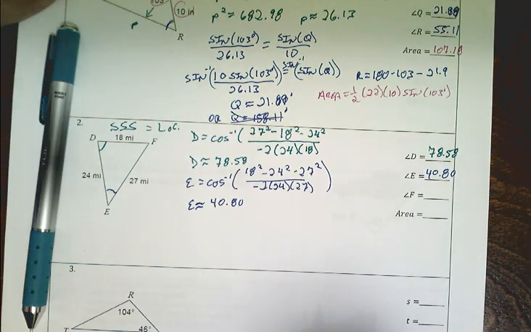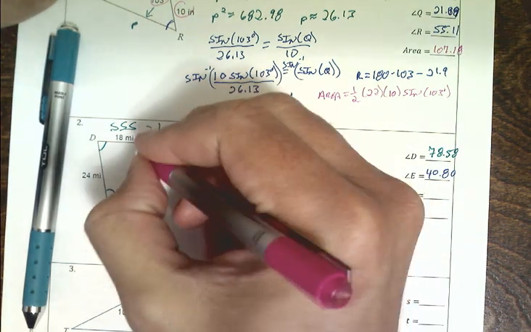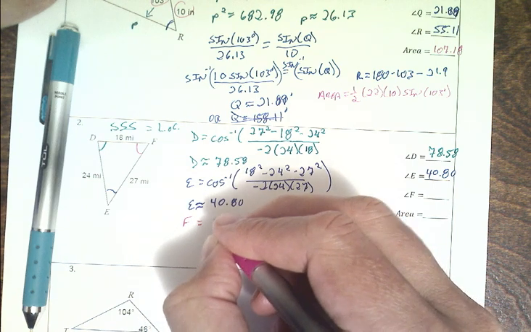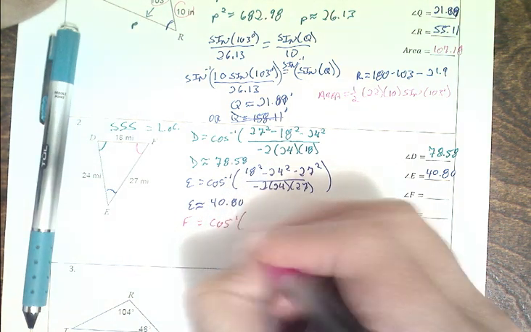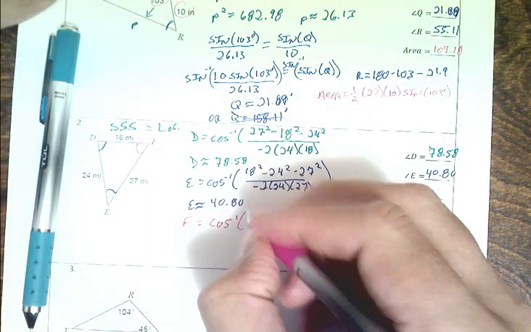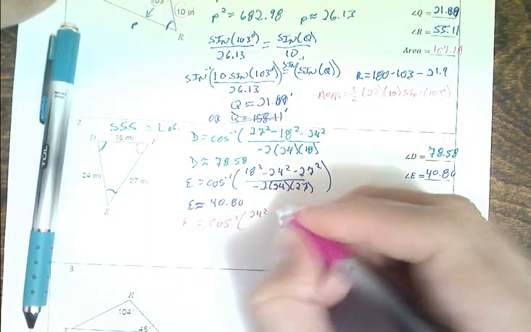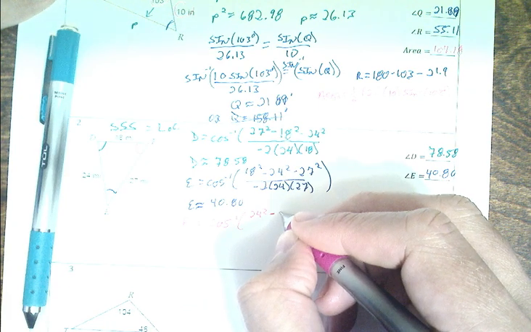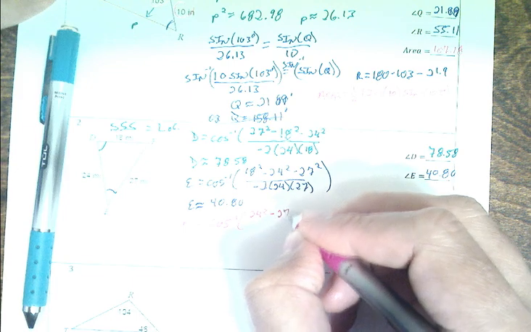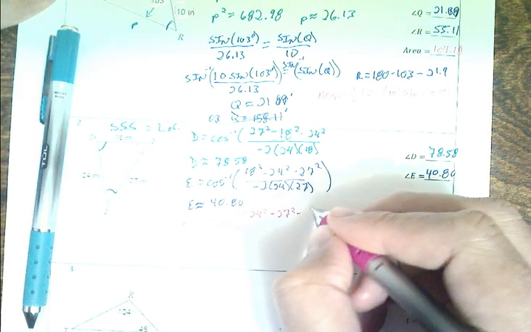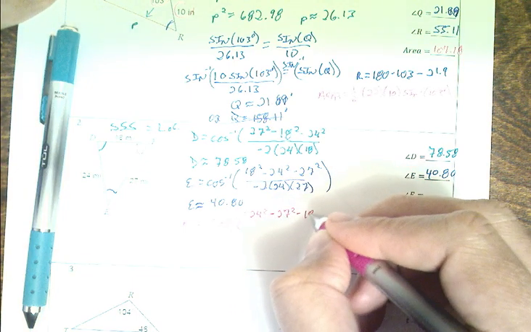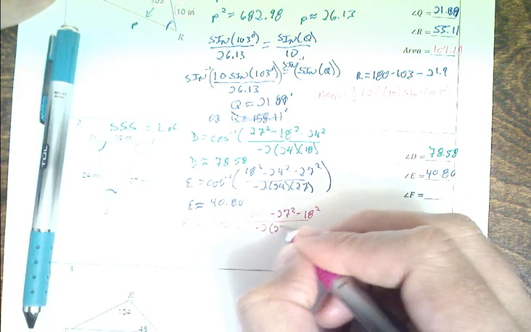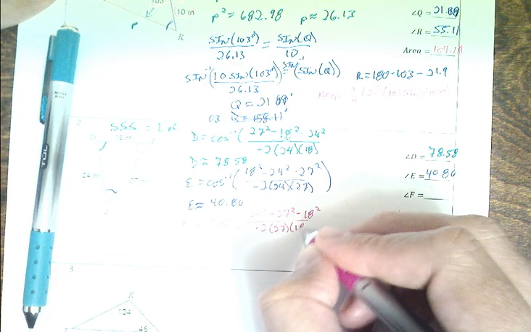And then finally we got angle F. So that is going to be inverse cosine, and the side opposite is 24 squared minus 27 squared minus 18 squared over negative 2 and a 27 here and an 18 here.